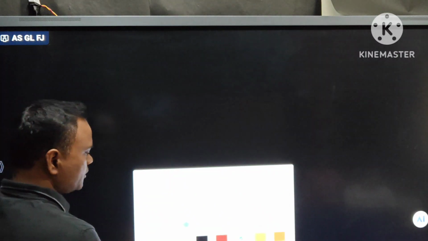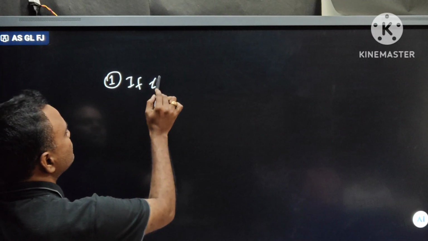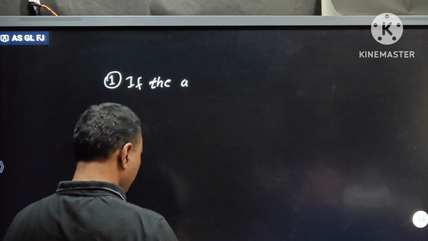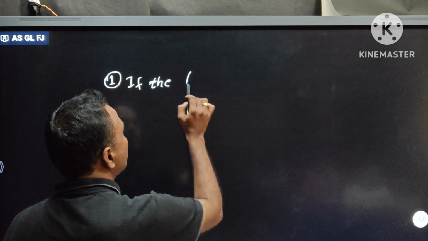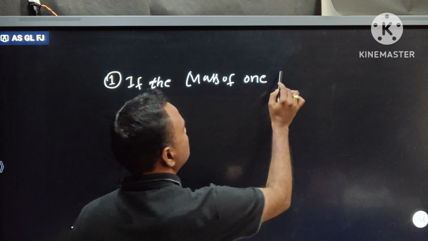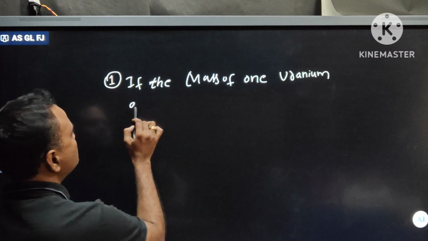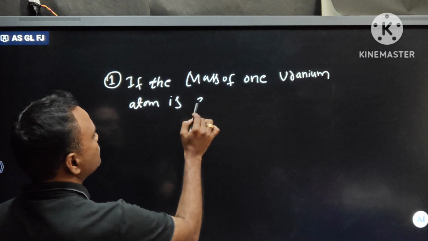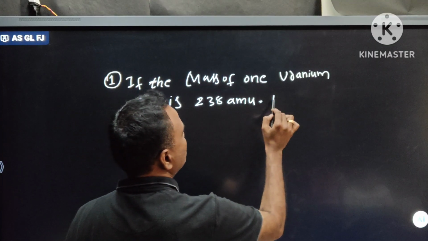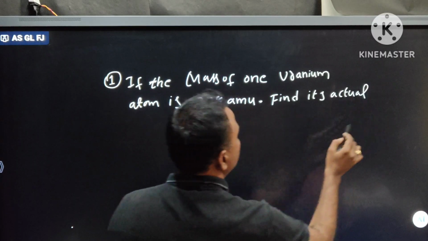Now let us do some important questions. If the mass of one uranium atom is 238 AMU, find its actual weight.